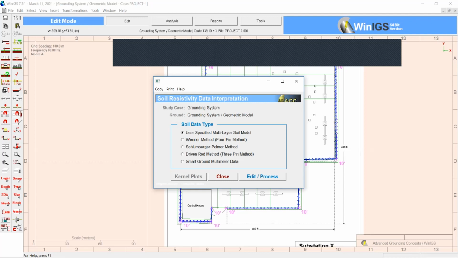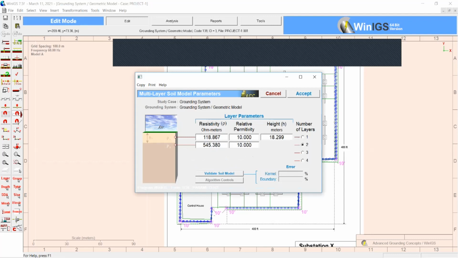Then edit process. In here, row 1 is the top layer soil resistivity, row 2 is the bottom layer soil resistivity, and this is the height or thickness of the top layer.